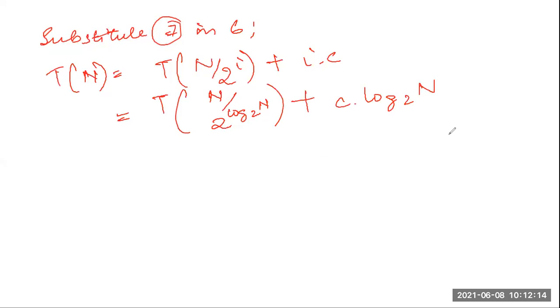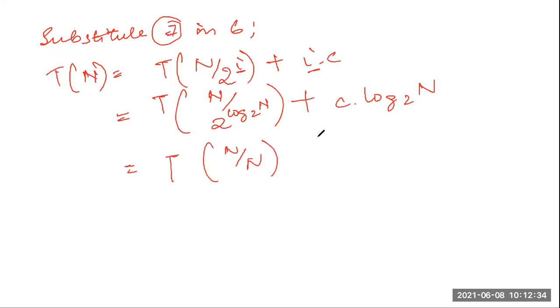Yes or no? In place of I, I have substituted log 2n. Is it right? Now, 2 to the power log 2n, this entire range will be n.